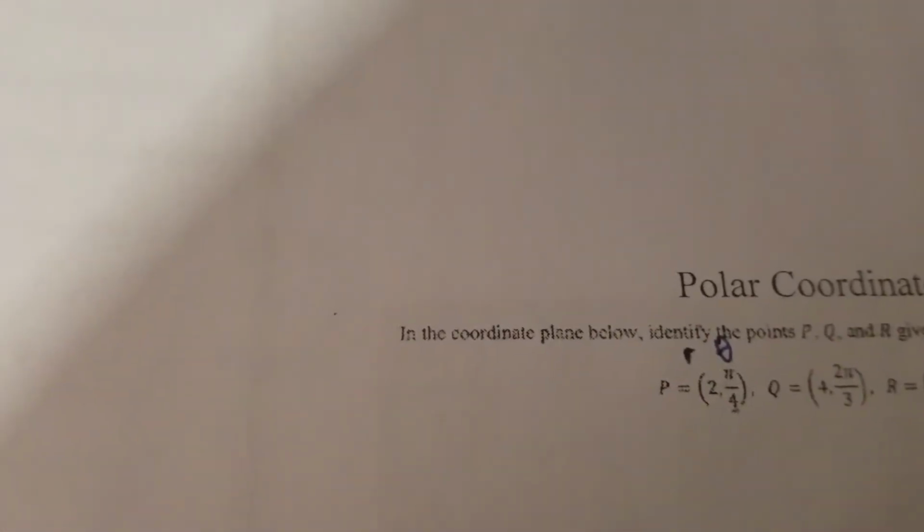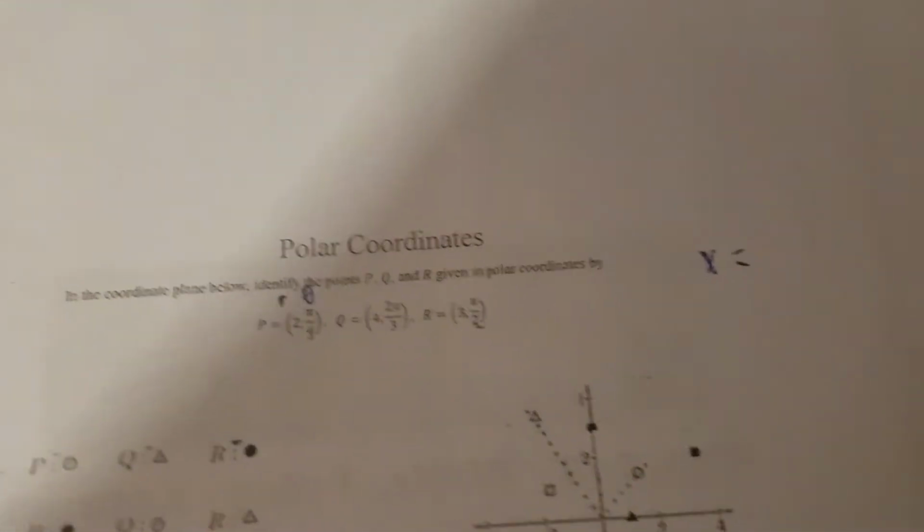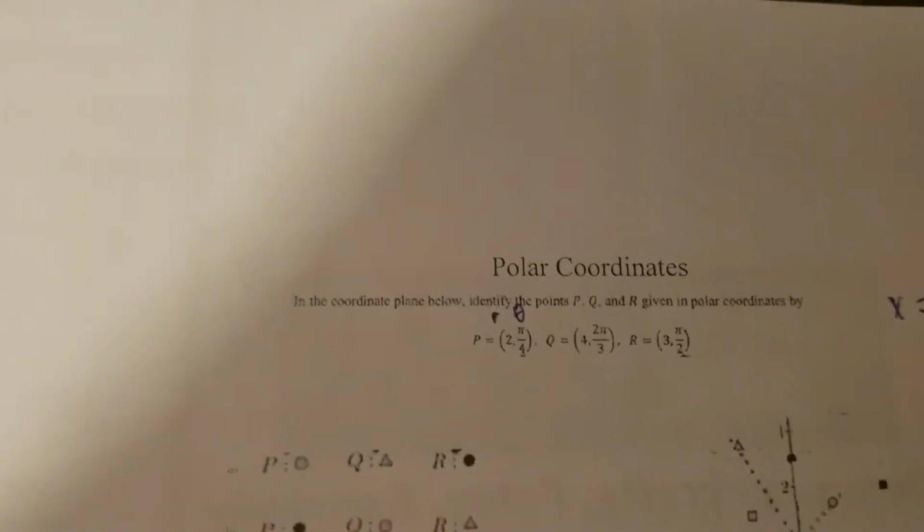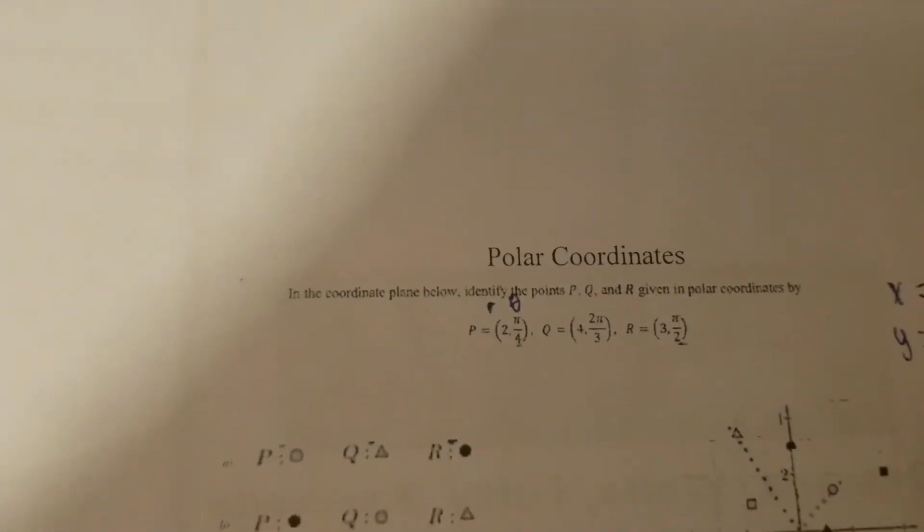So this is my R and this is my theta. The X is R cosine theta, and the Y is R sine theta.